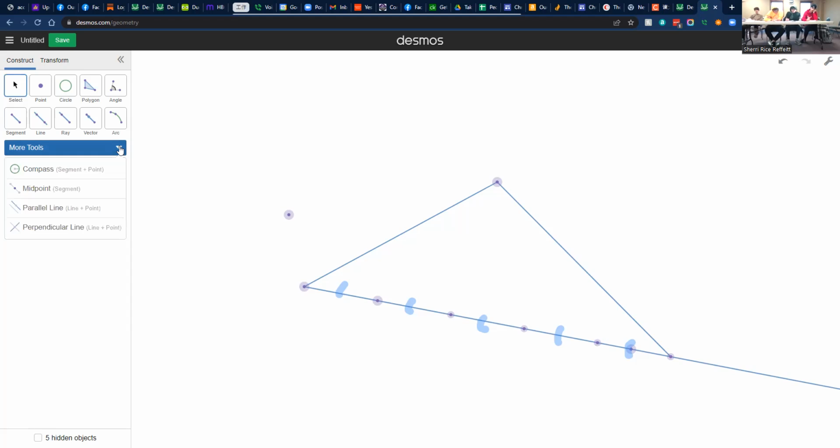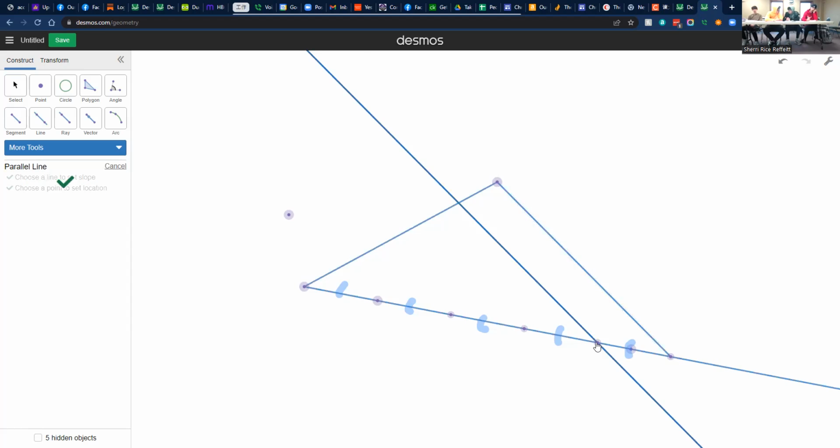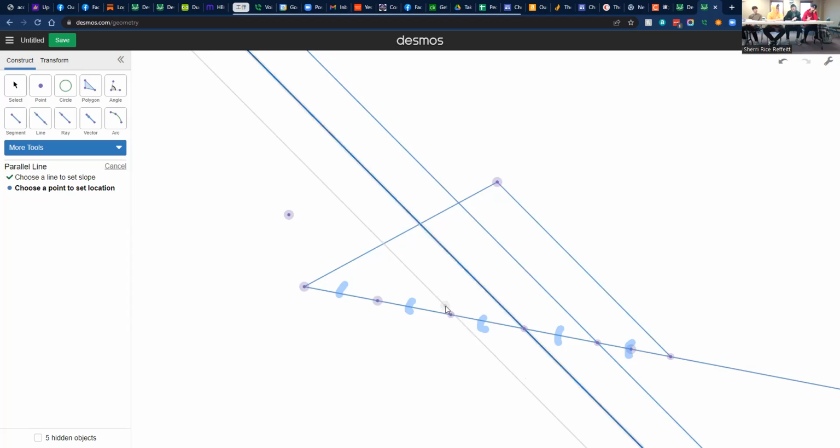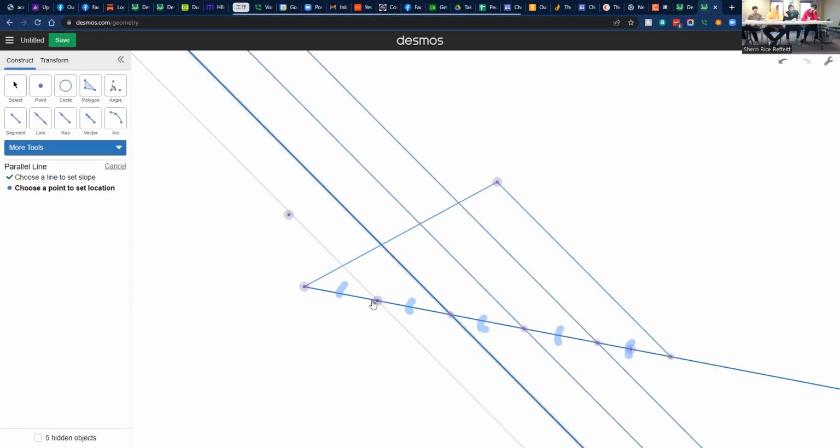But with modern technology, we can just use the convenience here. So we find the line, then find the point. We can do another one. Okay, we got one. Click line, find another one. Another one, another one. So we can draw this line here.